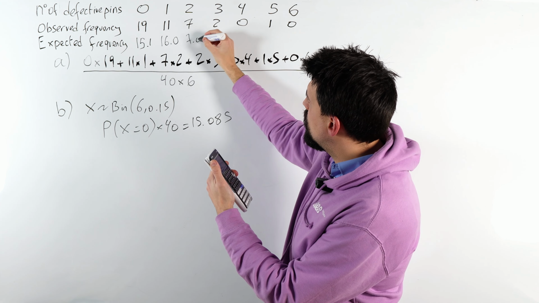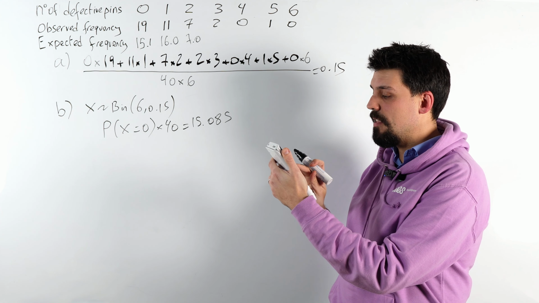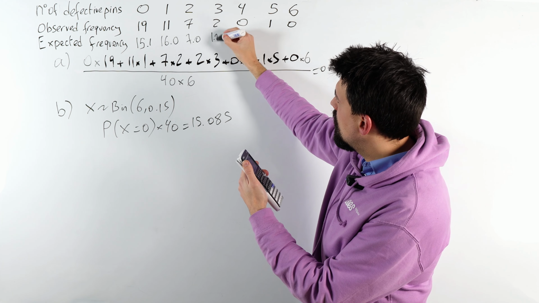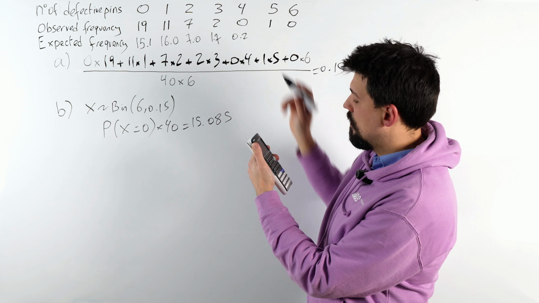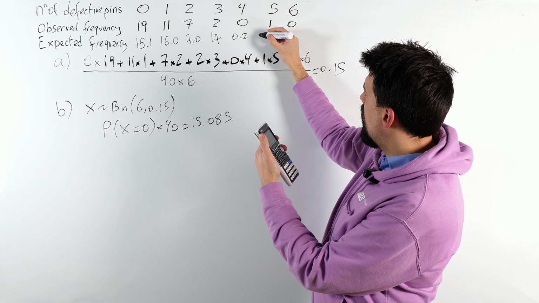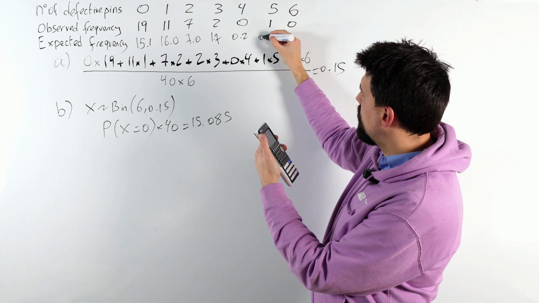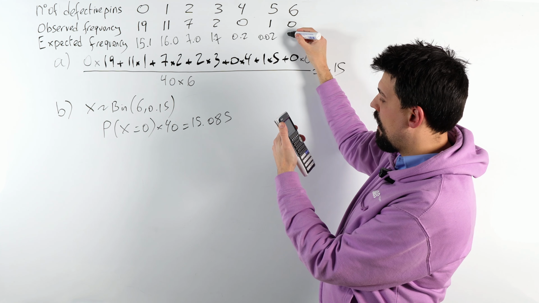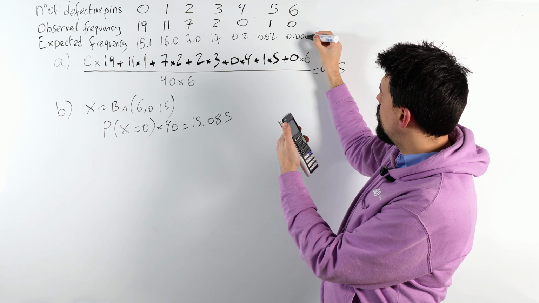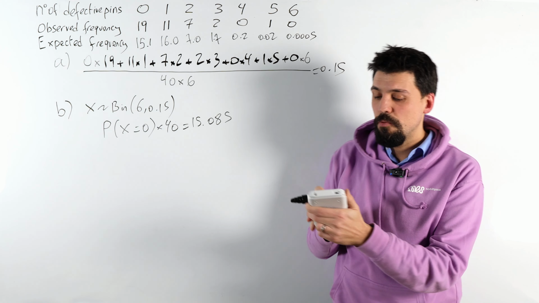I've rounded all of these to 1 decimal place. That might be a bit excessive, but there we go, 0.2. And basically both of these, I'll give that one 1 extra decimal place. We'll go to 1 sig fig there and 0.0005. So none really there.